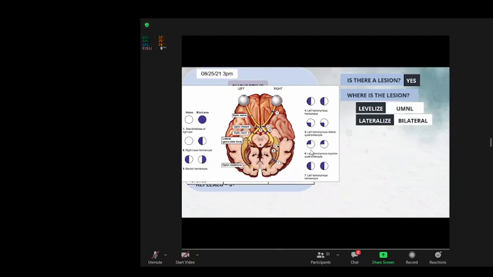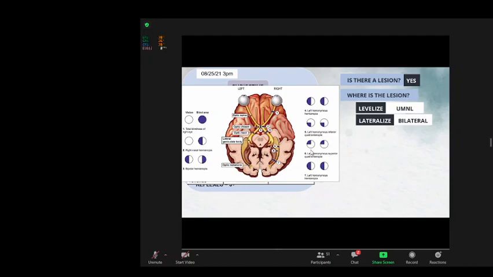Actually, mas sanay akong gamitin bitemporal. And then number 4, beyond the chiasm already, you have your homonymous hemianopsias. Can either be full hemianopsia or just a quadrant affected, pie in the sky, pie in the ground, depending on what part of your optic radiations was affected.